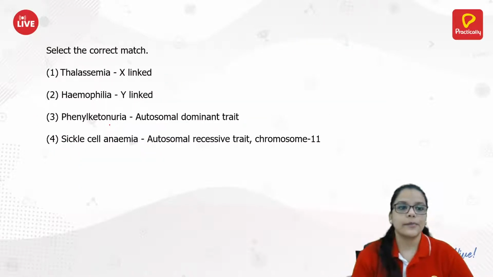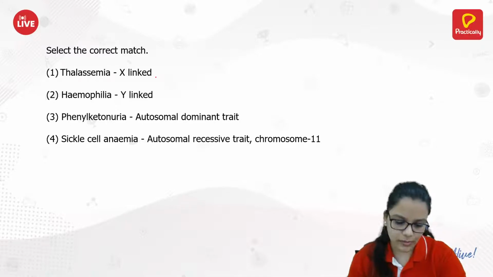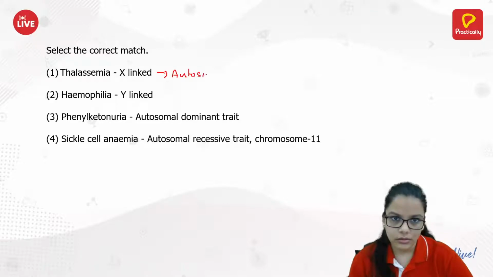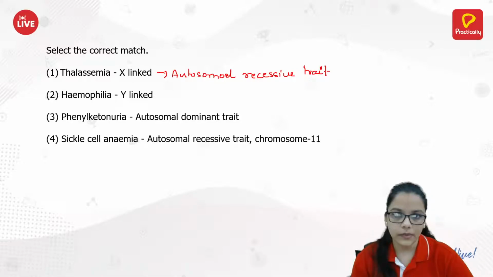Okay, next. Select the correct match. This is about the alleles and the traits related to it. Thalassemia is X-linked. I don't think so. Thalassemia is an autosomal recessive trait. It's not linked. Okay, so this is wrong.